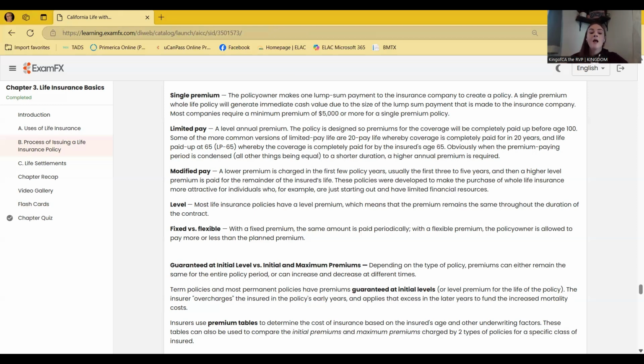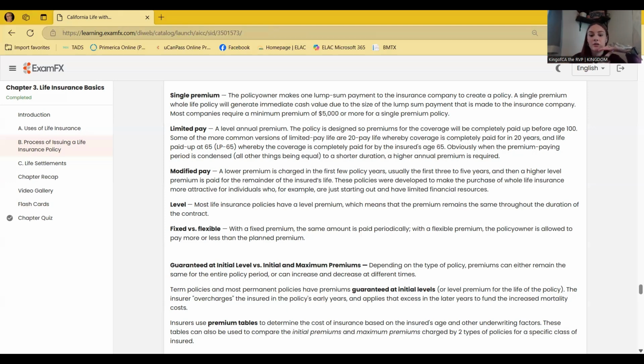Modified pay. A lower premium is charged in the beginning years of the policy, okay? These are normally for whole life. Limited pay, modified pay is for whole life, and fixed and flexible. Modified pay, a lower premium is charged in the beginning years of the policy when this person is young, when they are still building their estate and getting their finances in order.